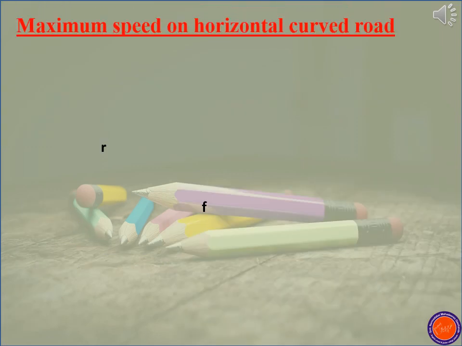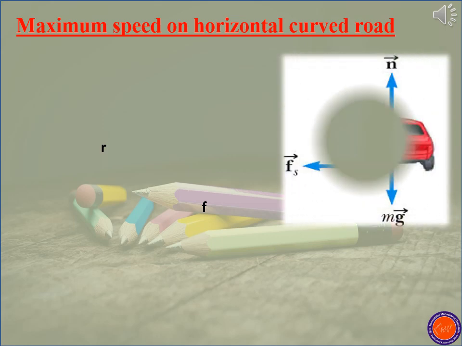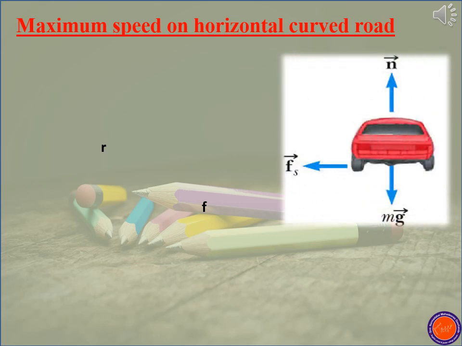Let us first derive the maximum safe speed on a horizontal curve road. For this, consider a vehicle moving on a horizontal curve road. The forces acting on the vehicle are: first force is mg, acting vertically downward.